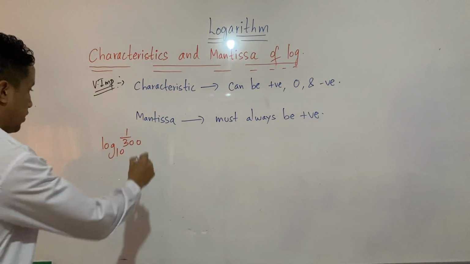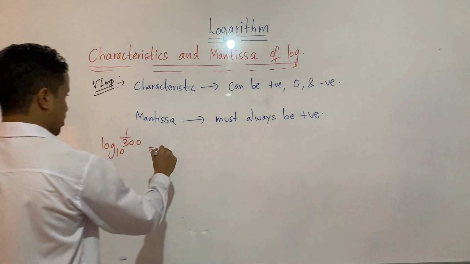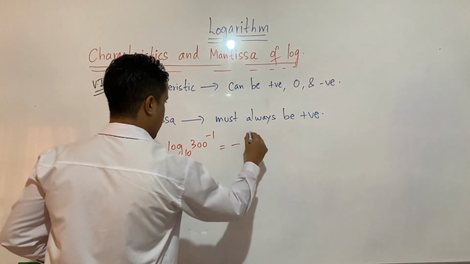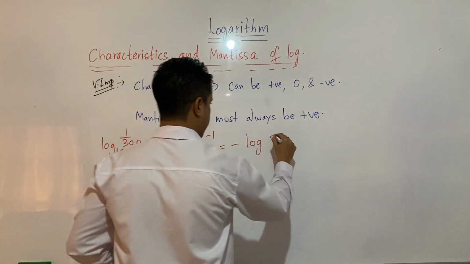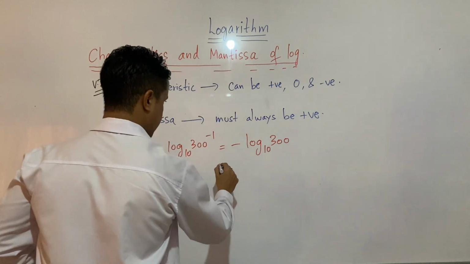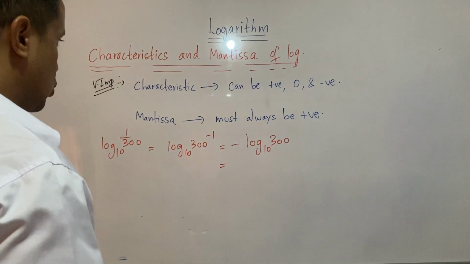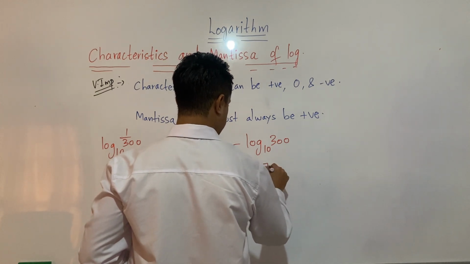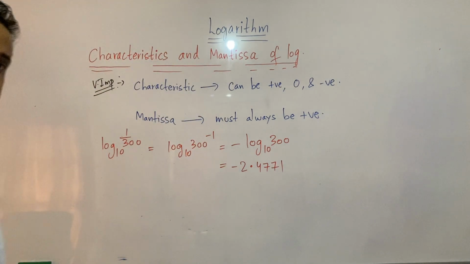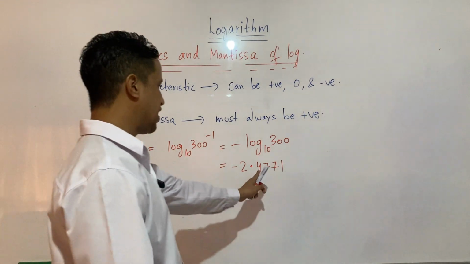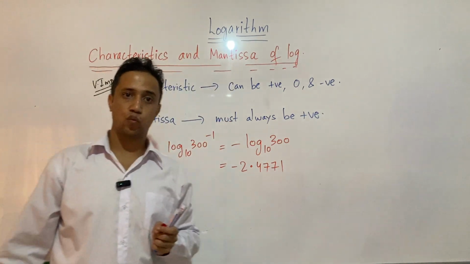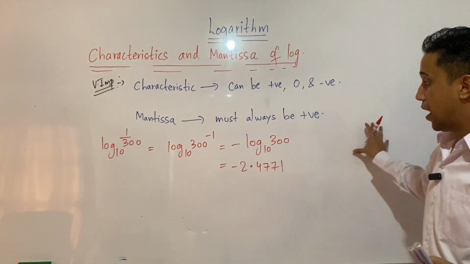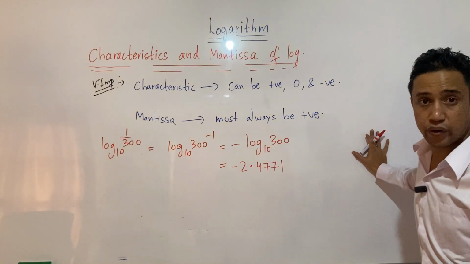This can be written as log of 300 to the power minus 1 to the base 10, which is equal to minus 2.4771, because I know the value of log 3 is 0.4771, so I can easily figure out the value of log 30, log 300, log 3000.